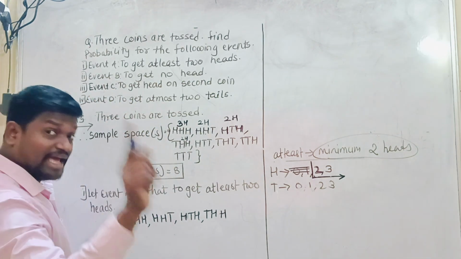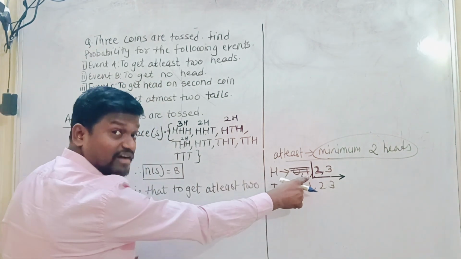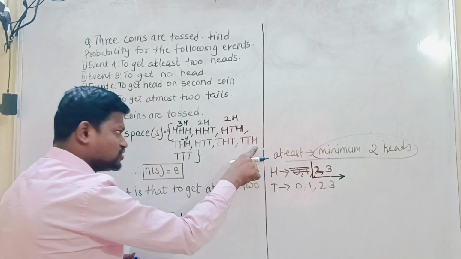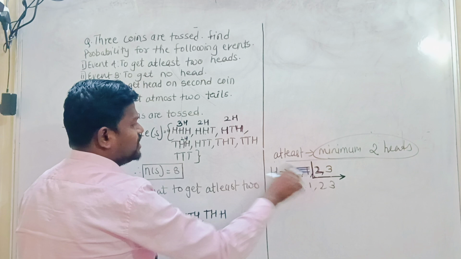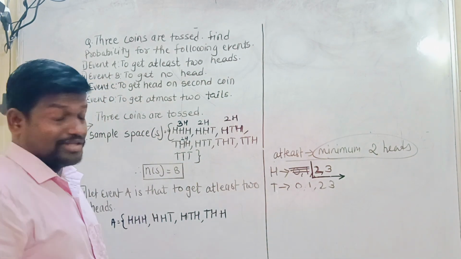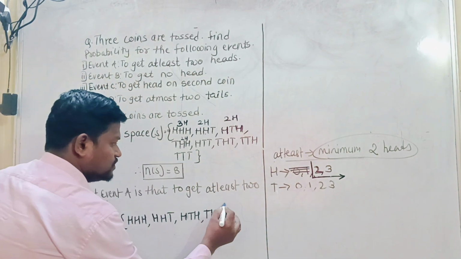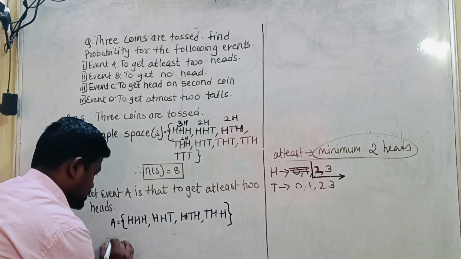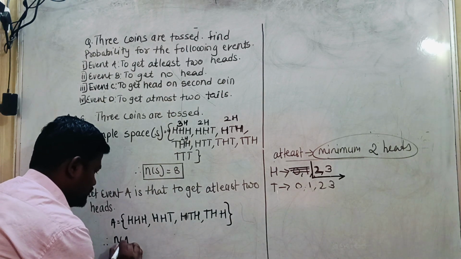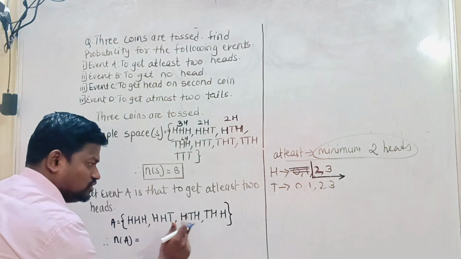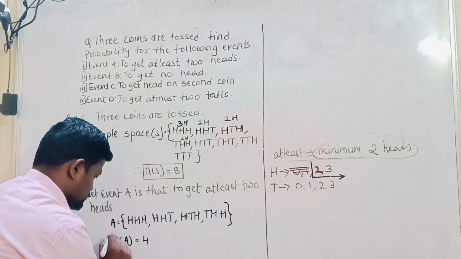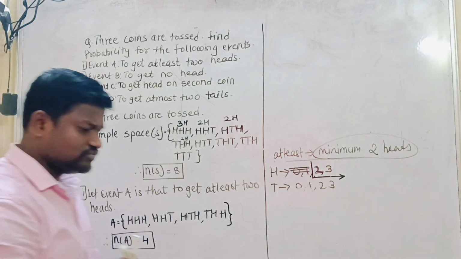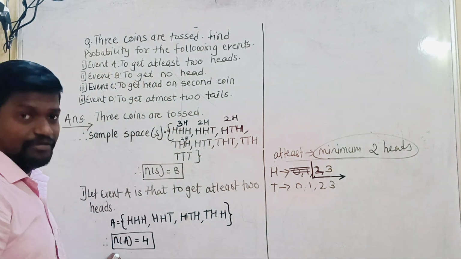Here we find one head, so we do not consider one head. Here also one head, and here 0. So 0 and 1 we have to exclude. So our answer is these 4 sample points. So the number of A is 1, 2, 3, 4. This is our event.